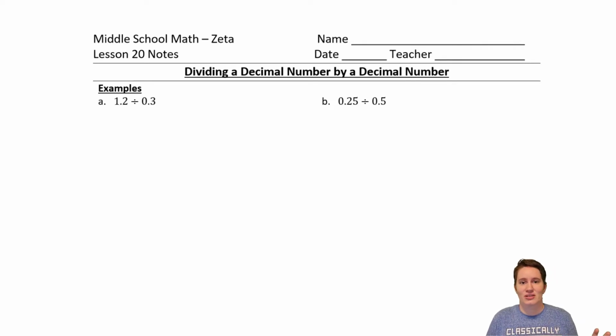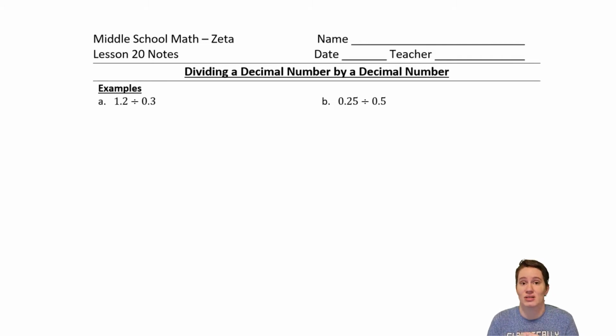Okay, so if we look at this first thing, in class I asked this question before looking at the note: if you have 0.3, how many 0.3s fit into 1.2? Not everyone immediately got it, but I was surprised how many people did.